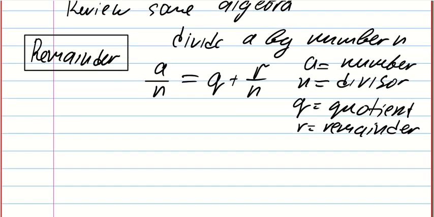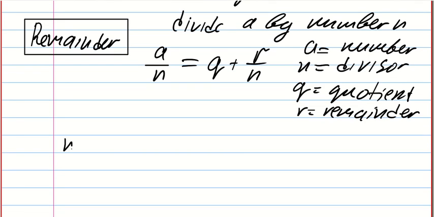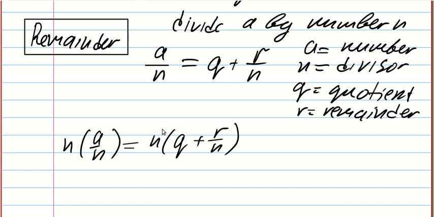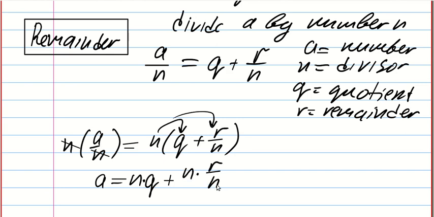And we already know, we did it before, if we multiply both sides by n, on the left side we're going to get this expression, then n times q plus r over n on the right. But according to the mathematical rules, we can distribute this n. On the left side, n and n will give us A, and on the right side we're going to get n times q plus n times r over n.